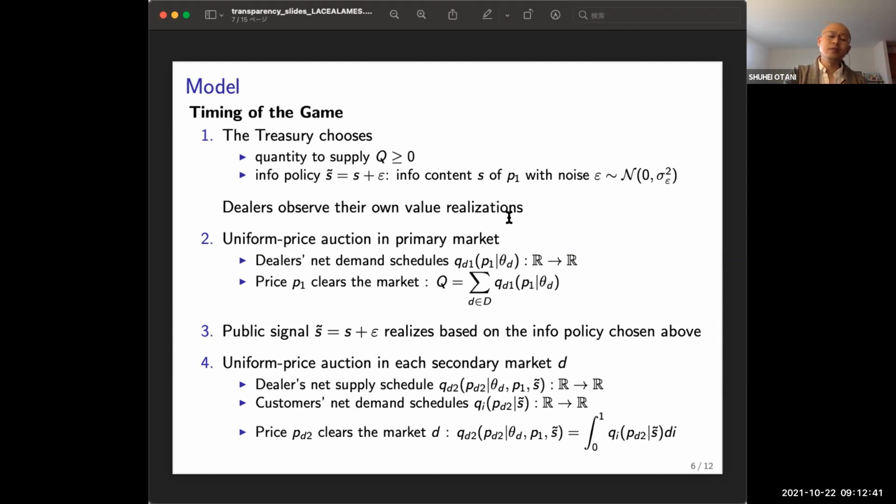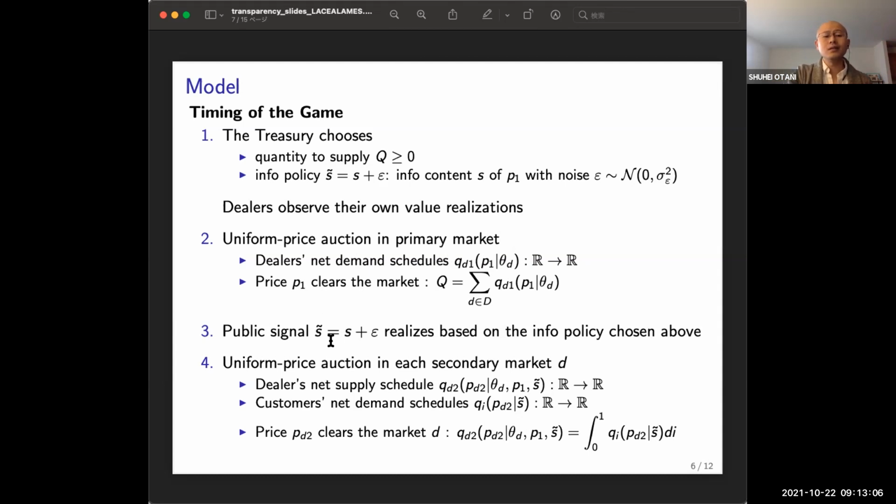Then dealers observe their private information. Then trades take place in the primary market based on the uniform price auction. So dealers submit demand schedules given their private information, and the schedules are contingent on the price to be realized in the primary market. And the price is determined to clear the market. Okay. Then after the auction, the public signal is announced.